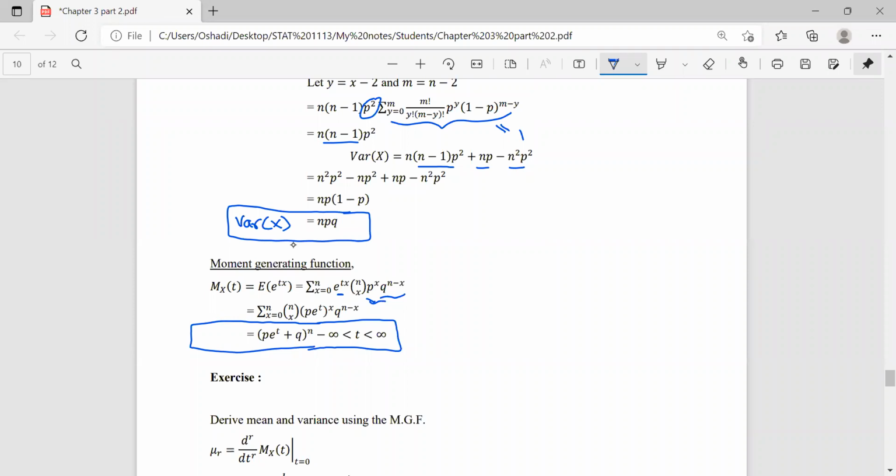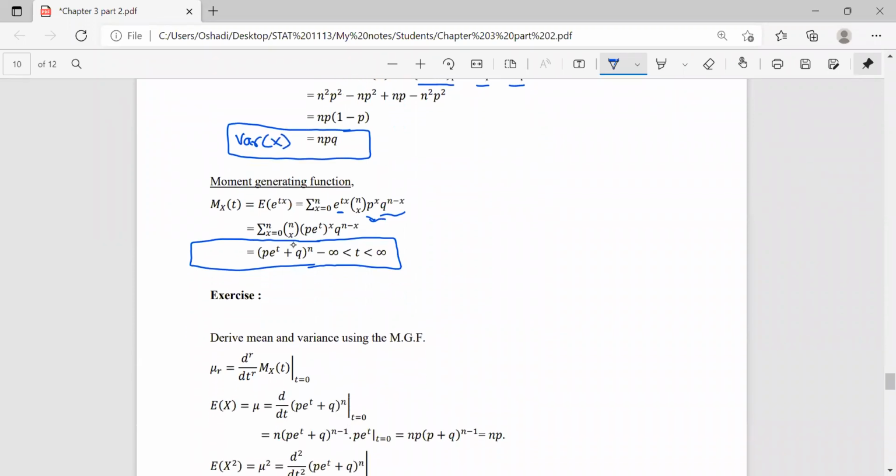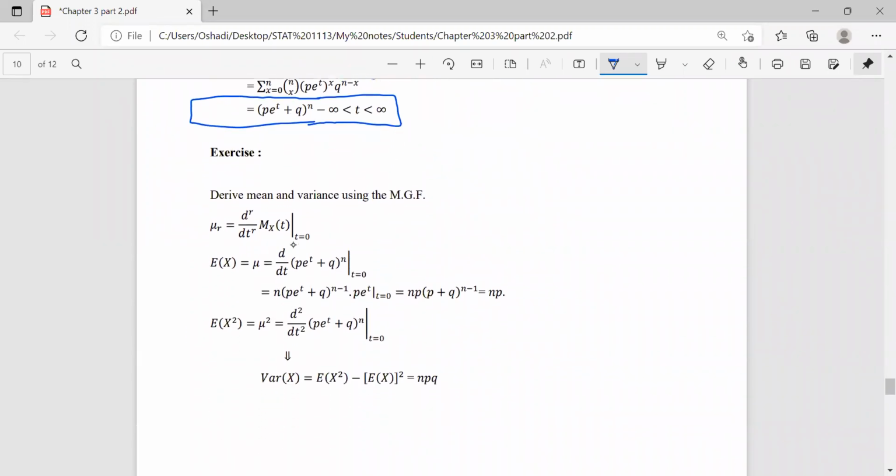Then using the moment generating function, we can derive the mean and variance. You know that, right? If we obtain the rth derivative with respect to t and let t equal 0, it gives the rth moment.